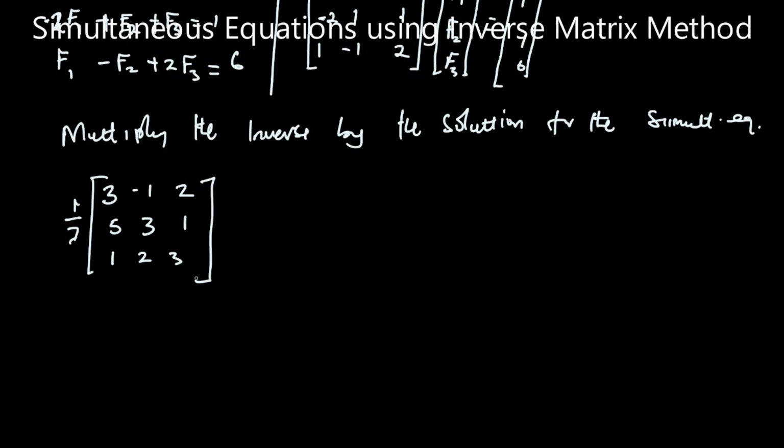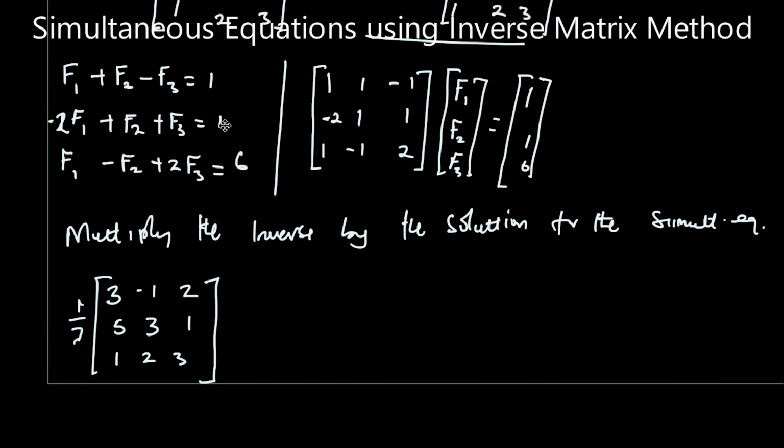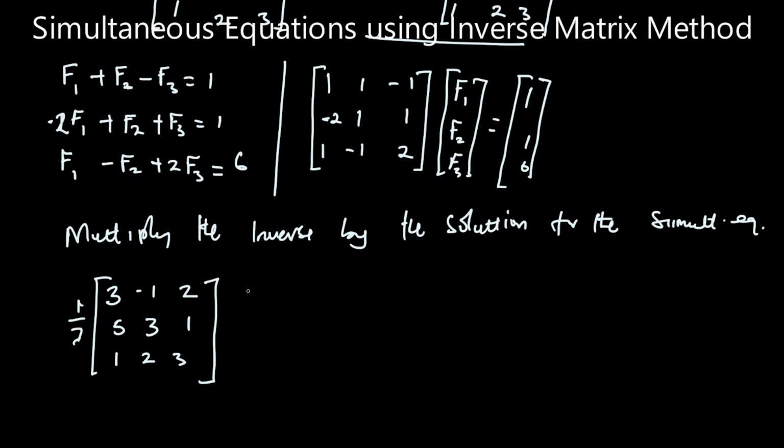So if we multiply this by the solution of the simultaneous equation, and the solution here is 1, 1, and 6. So if we multiply this by 1, 1, and 6, we are supposed to get the values of F1, F2, and F3. So we'll start by multiplying the matrix by this solution, then we multiply by 1 over 7 later on.